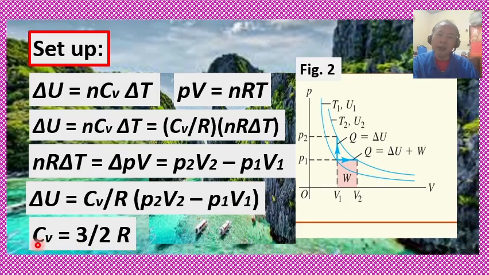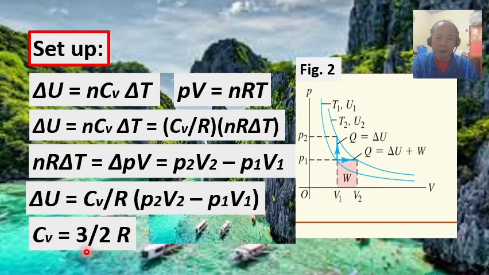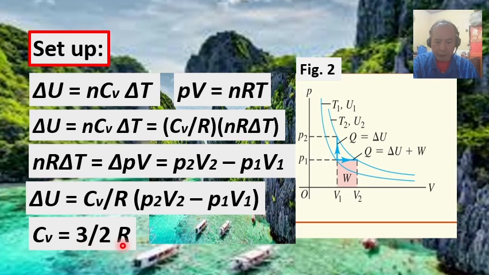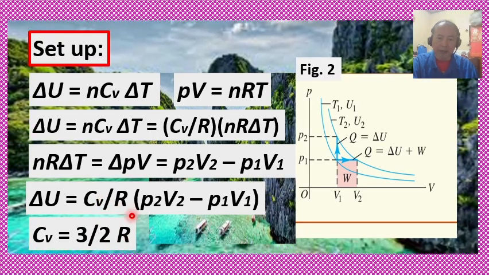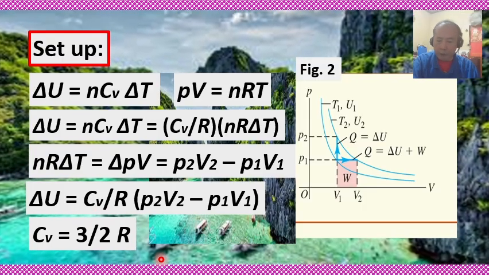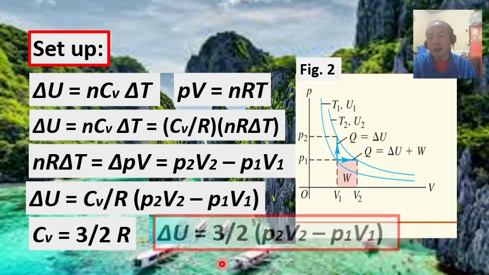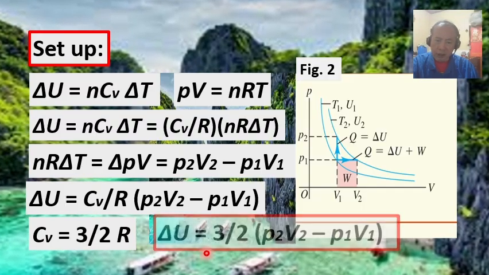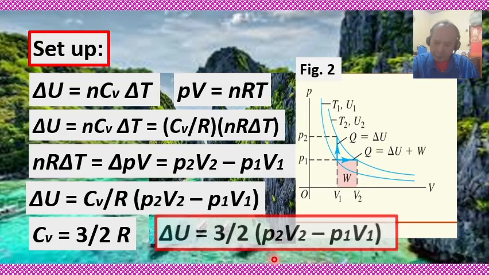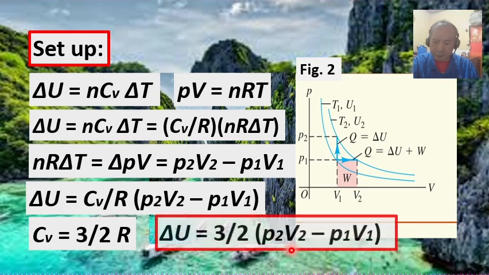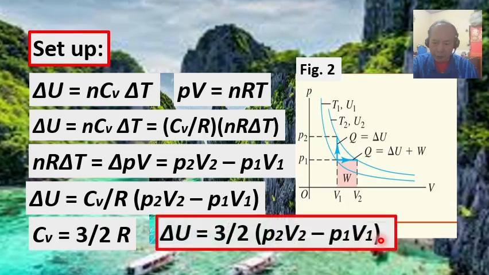And since the value of the molar heat capacity at constant volume is given in the problem equal to 3 halves times big R, if we substitute this here, we'll be able to cancel out big R and come up with our desired formula for determining the change in internal energy, or delta U, which is equal to 3 halves multiplied by the product of the final pressure P2 and the final volume V2 minus the product of the initial pressure P1 and the initial volume V1.